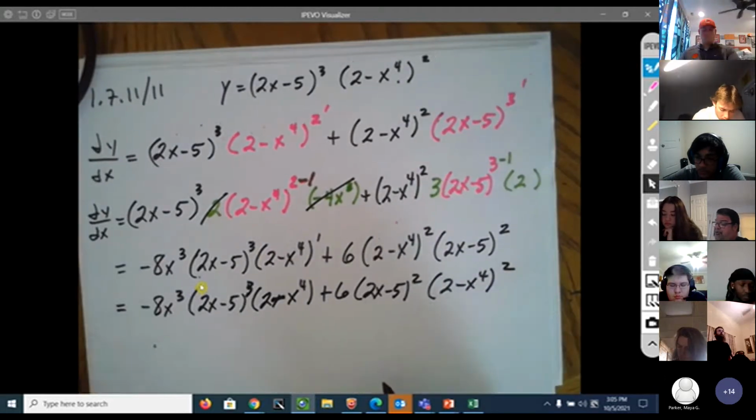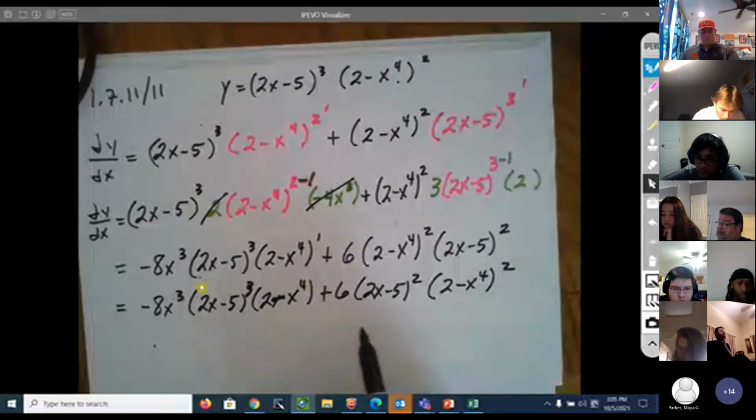Now, you could factor out a 2 and a (2x minus 5) to the 2nd power and a (2 minus x to the 4th) to the 1st power.